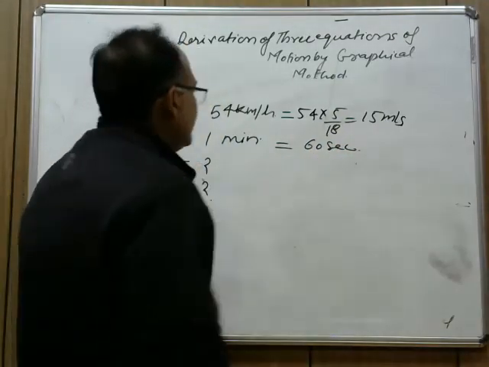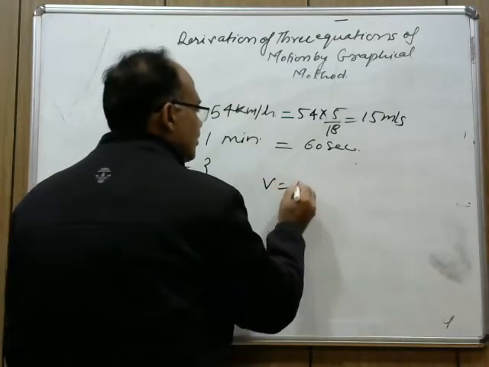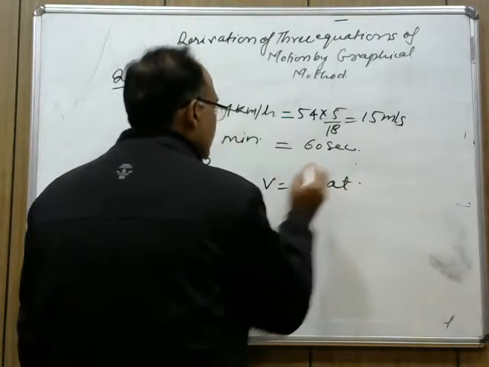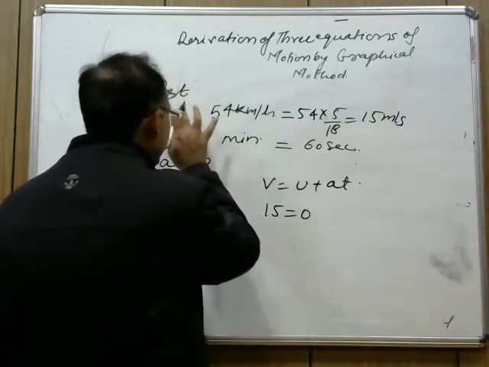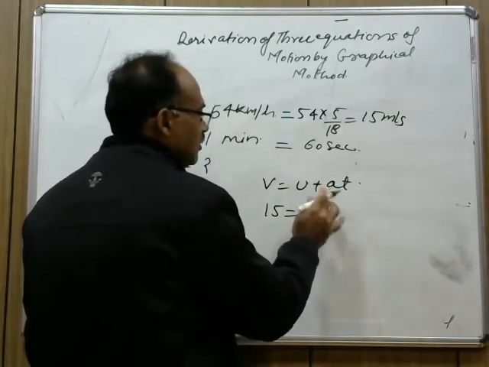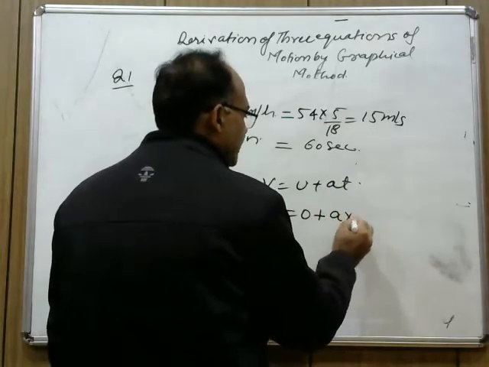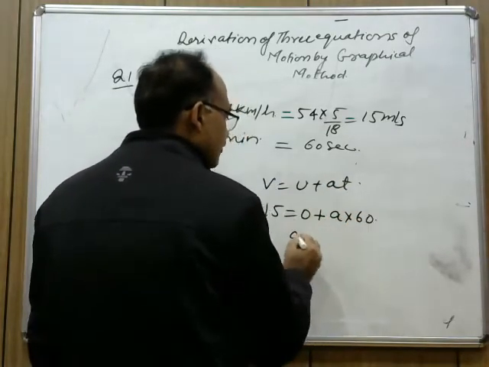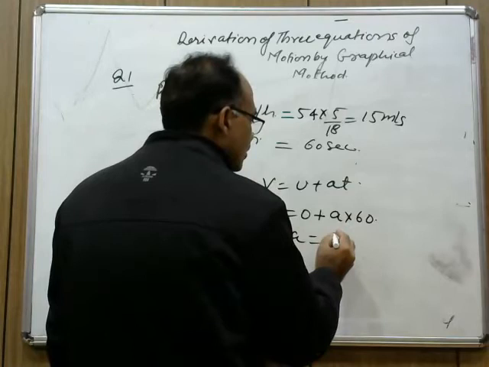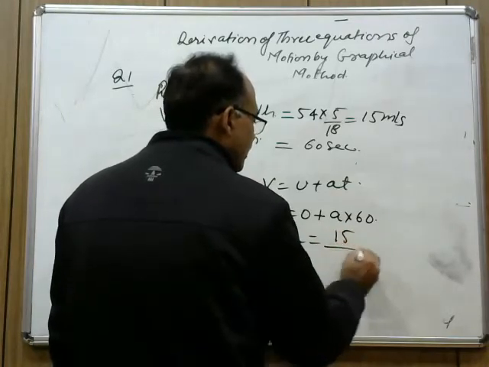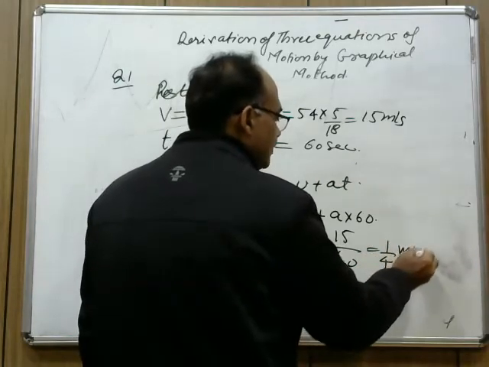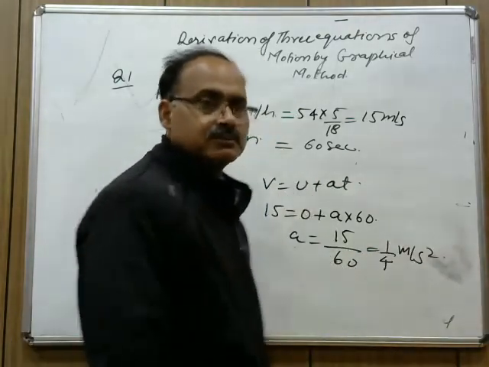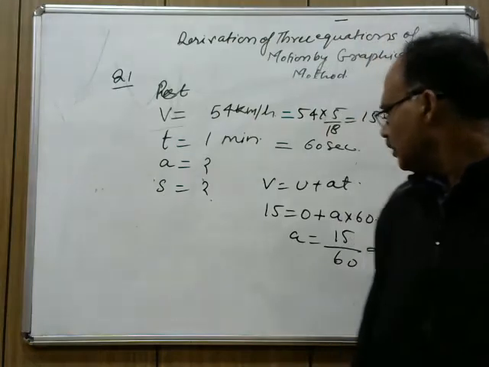Now you can use the first equation of motion, v is equal to u plus at, so 15, u is 0, because the body is at rest. A you have to find out, and this t is 60, or we can say a is equal to 15 upon 60, that is 1 by 4 meter per second square. This is the acceleration of the body.